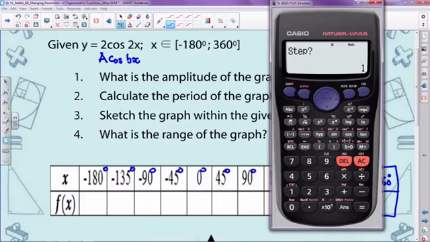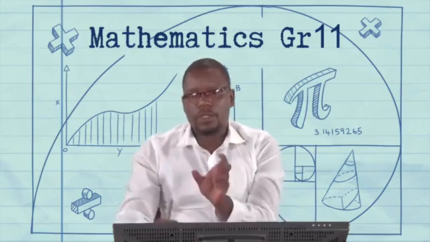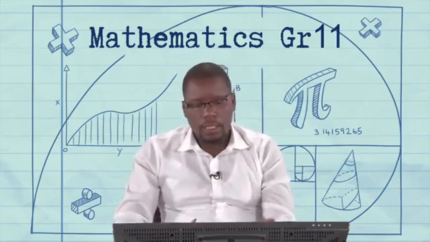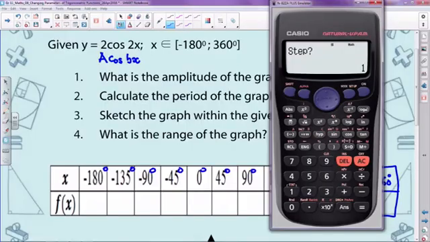This step, remember, when you're drawing like your y equals 2x plus 1, the interval is from 1 to 2, 2 to 3 and whatnot, it is 1. But now you are doing trigonometry, and you've got 45 there. It depends on your grade or what is given to you at that particular juncture. So here, the interval will be 45, okay?